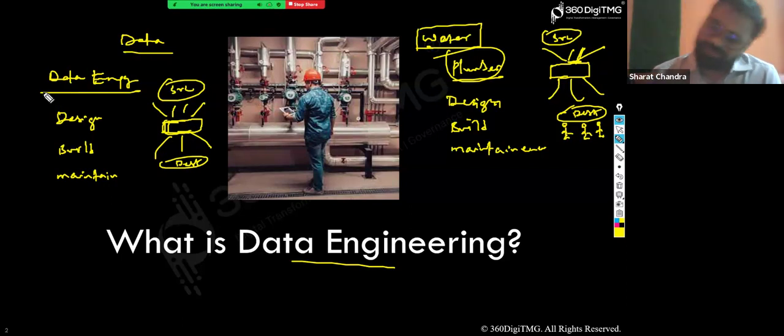Now, when I talk about the data engineer's role, I was directly comparing it with plumbers. But if you look at the specific role or responsibility of a data engineer in a practical sense for an organization, a data engineer deals a lot with different hardware and software systems.